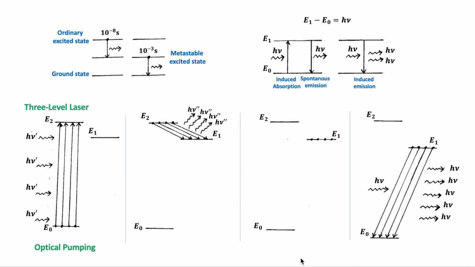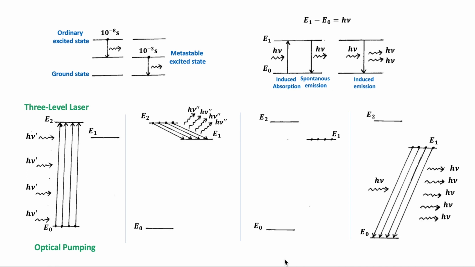And because the majority of the atoms in the assembly were in the metastable state, then when this light is incident, there will be more induced emissions from the atoms in the metastable state than induced absorptions by atoms in the ground state. And the radiated light waves by induced emission are exactly in phase with the incident light. And this results in an enhanced beam of coherent light, and this is the laser.